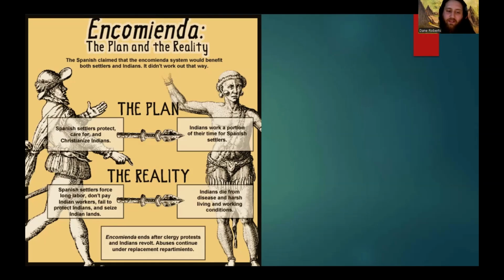In theory, the encomienda ended after the Catholic Church protested, as well as after multiple Native American rebellions, such as the Great Pueblo Revolt of 1680 CE. However, abuses would continue under the replacement repartimiento system. Essentially, the repartimiento system was the encomienda system under a different name.